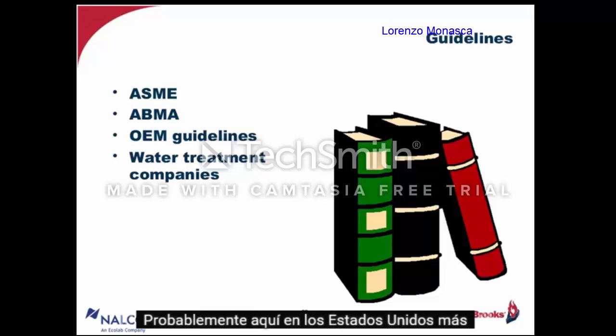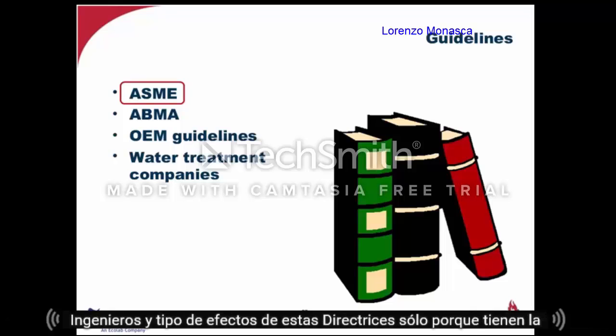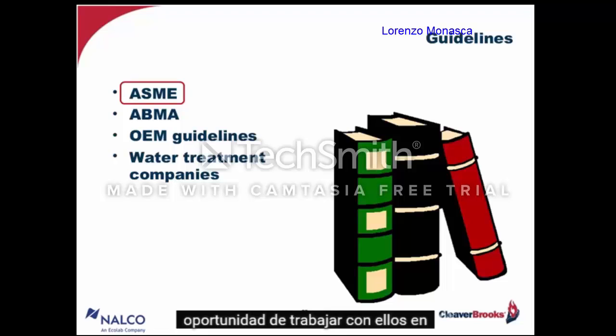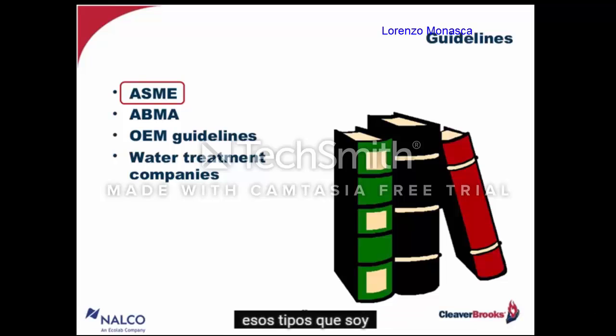And probably here in the United States, the more frequently used guidelines across all different industries are those of the American Society of Mechanical Engineers. I'm kind of fond of those guidelines just because I have the opportunity to work on them and edit them from time to time, so I'm in the group that actually produces those guidelines.